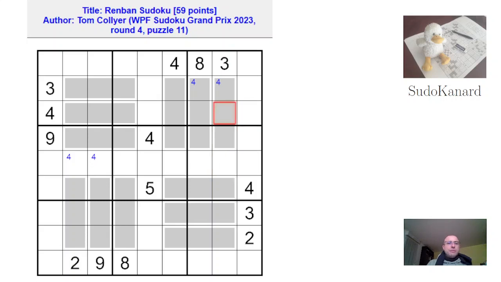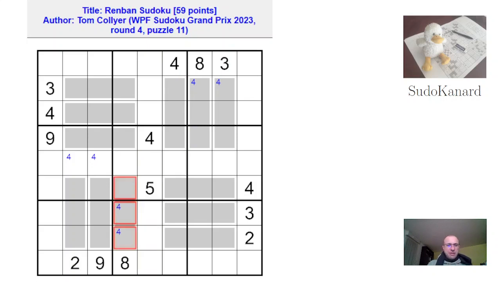Now, where else can we look? So, if this is a 4, then the consecutive will be with 4, 5, and 6. Perhaps this is more powerful. Oh, no, more powerful is those two 4s, which force a 4 into those two cells.